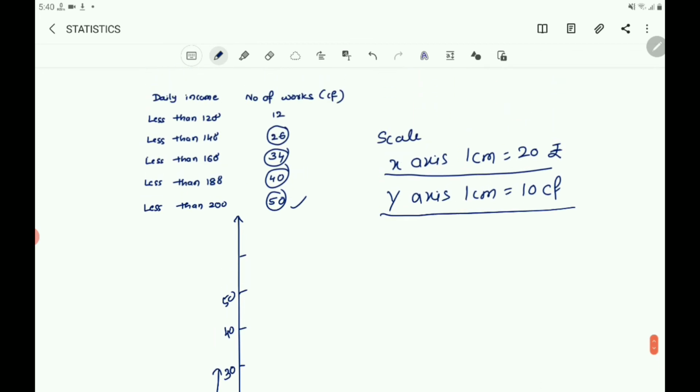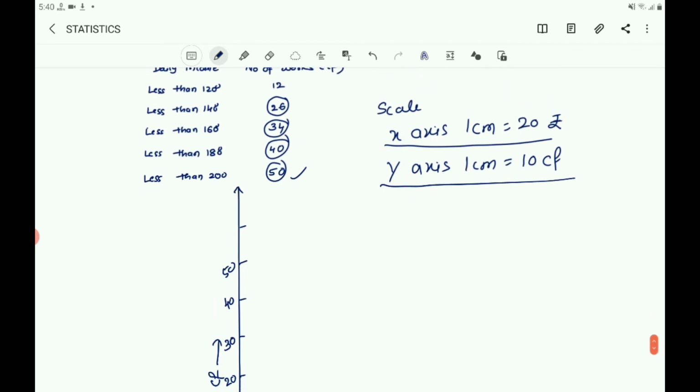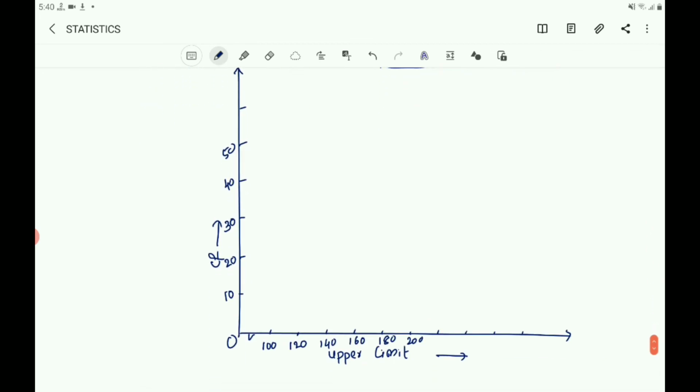So the first one that you know, 120, 12. 120 is here. Go straight. 12 means up to here you can take. This is 120, 12.